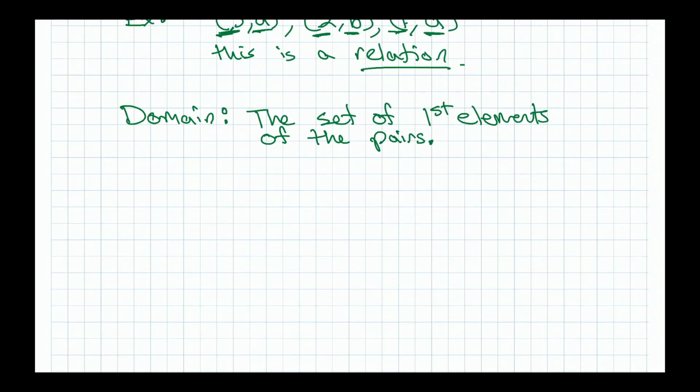Normally what you're going to see for the domain of a function is that a function has an input and an output, and so you would say that the domain is the set of inputs.